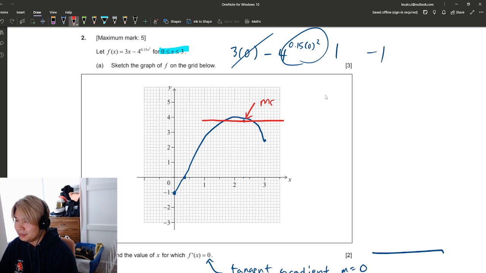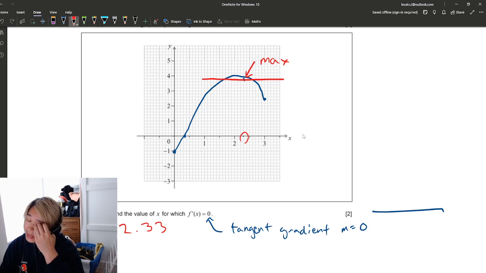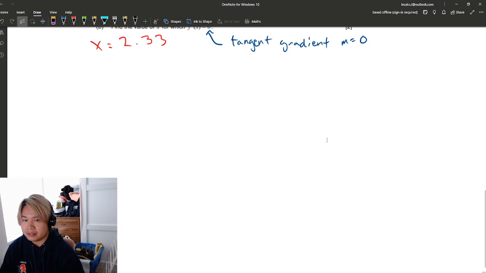So at our maximum, the tangent line will be horizontal, and so we just need to find out what that x value was. And I forgot what it was. It was like 2.33 or something. But again, it's just the x value of the maximum point. And I think that's the end of that question. Move on to the next.